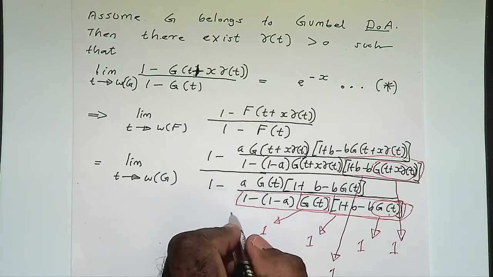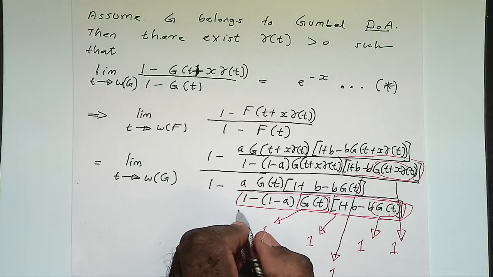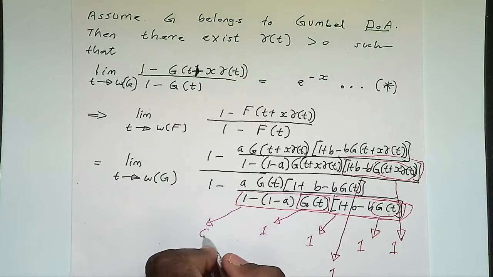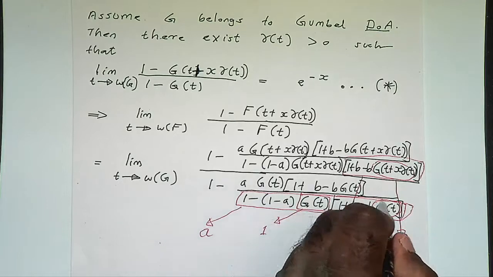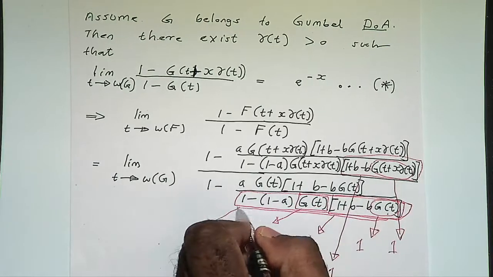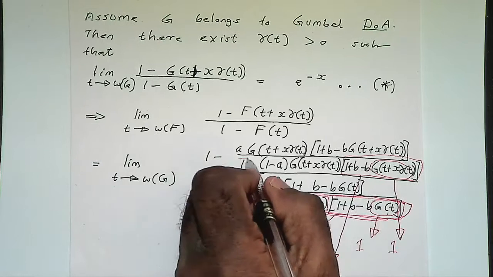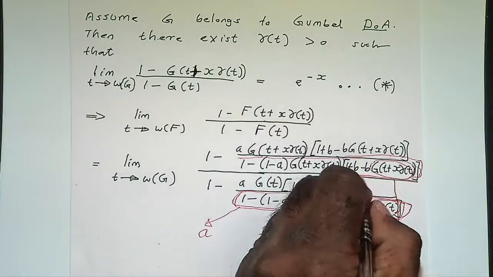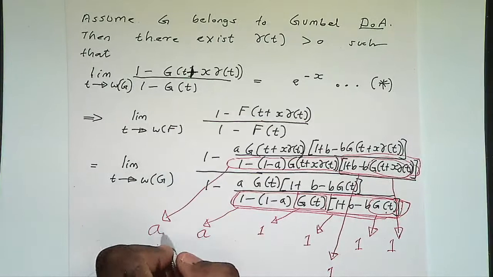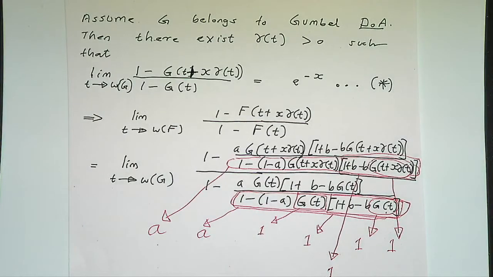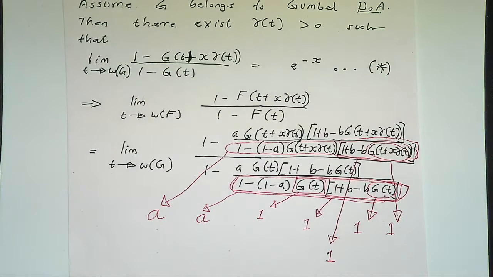This whole thing here is going to go to A, and similarly this whole thing here is going to go to A too. Do you guys see it or not? Veronica, you okay or what? Yeah. All right.